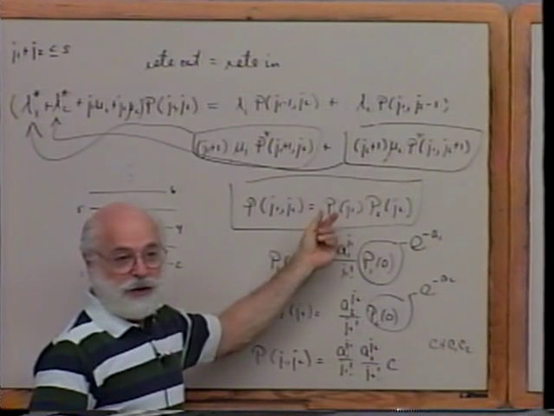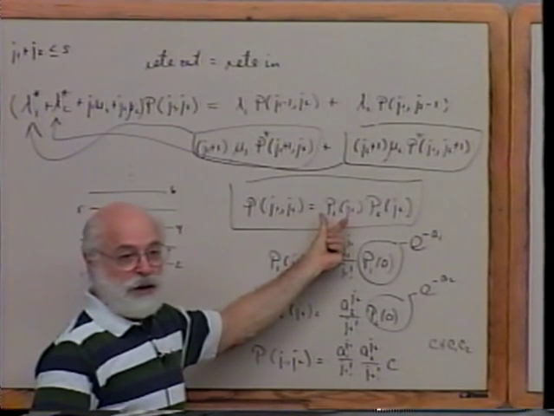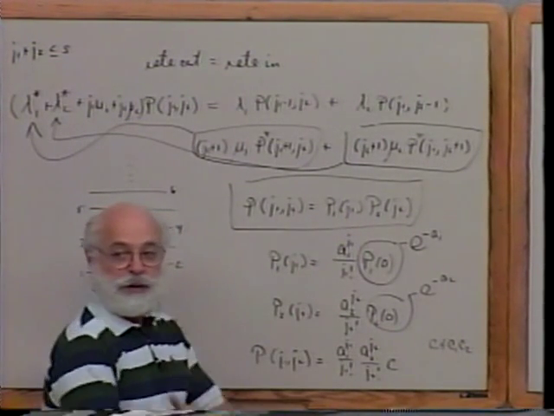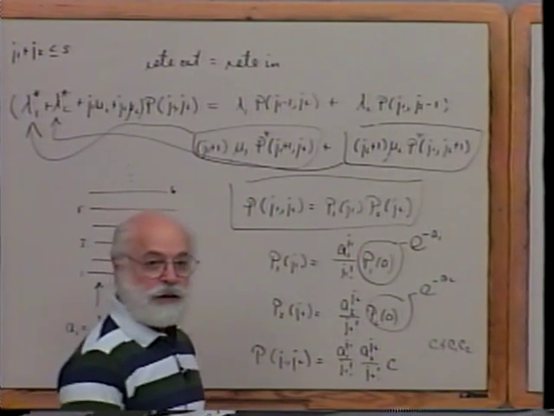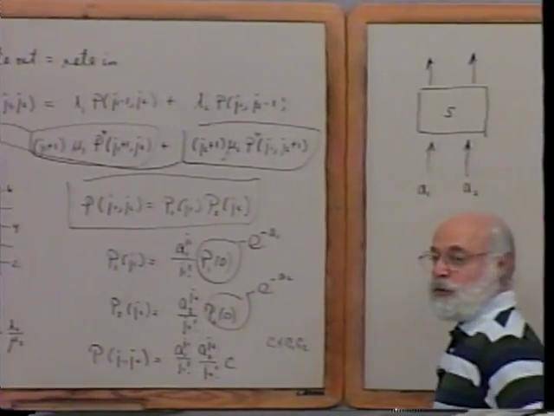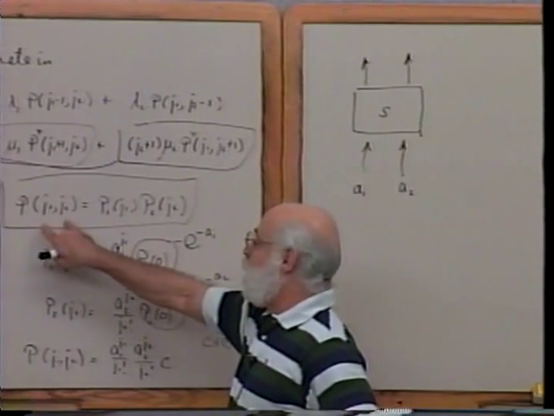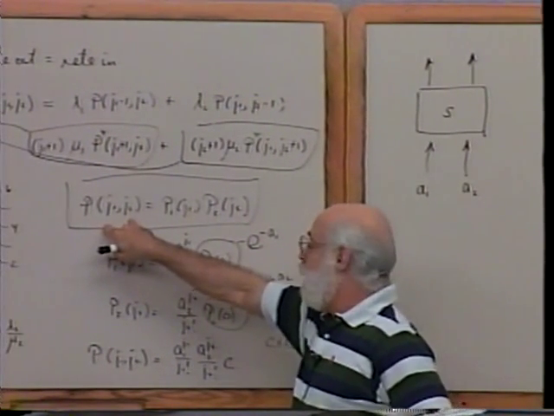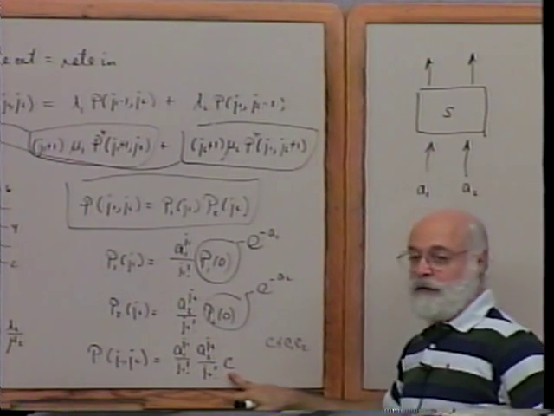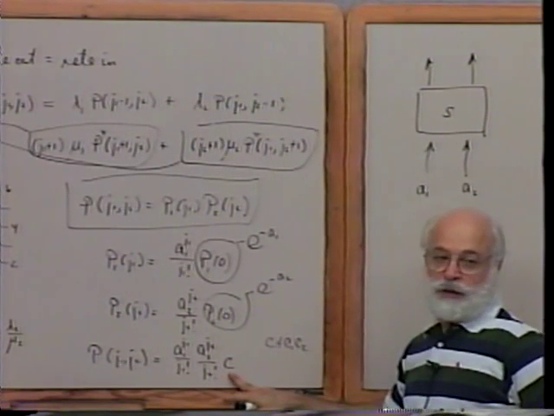It doesn't necessarily mean that the first term in the product represents the probability for the first stream, and the second term represents the probability for the second stream. OK, but in any event, we now have a complete solution to this problem, because if I ask you for the probability of being in any state, then you could calculate it by using this formula and just find the value of C that makes everything add up to 1.